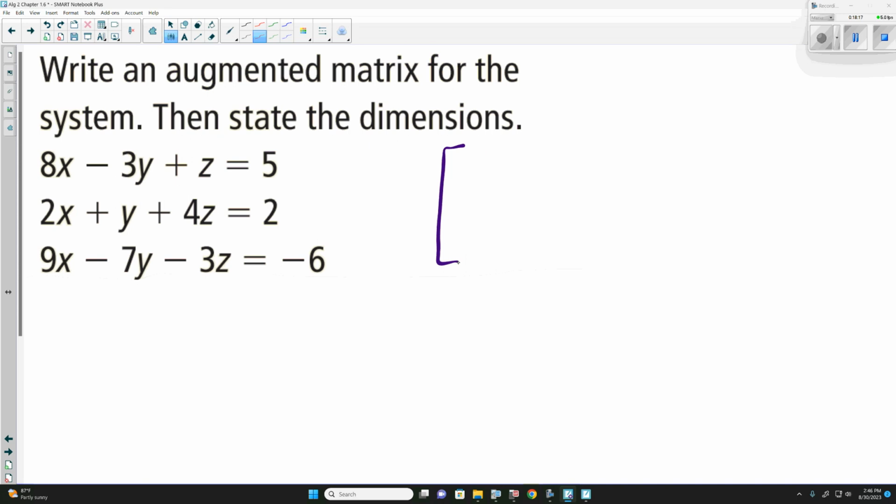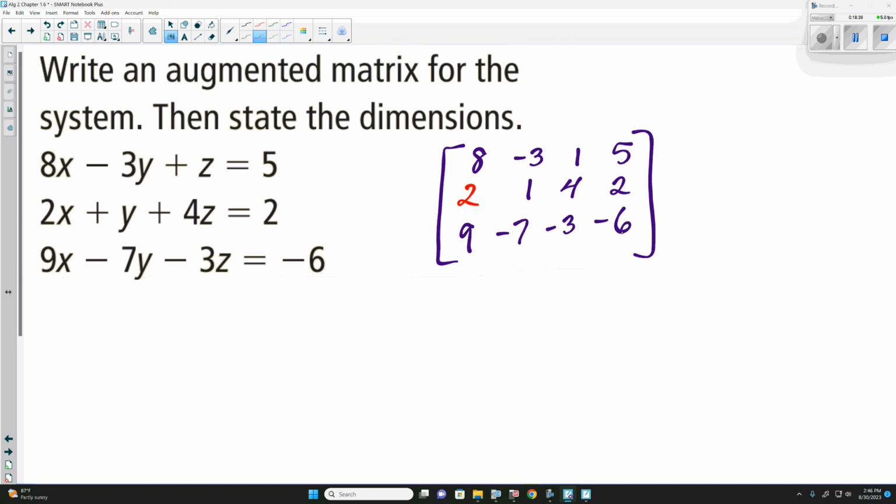So going across the top for the first one: negative 3, 0, 8, 1, 5, and then 2, 1, and then 4, and then 2. And then 9, and negative 7, and negative 3, and negative 6. Questions on these here? Are we ready for the next one?